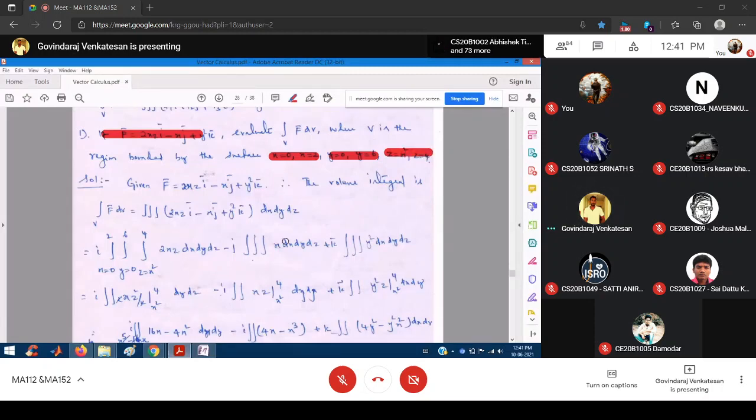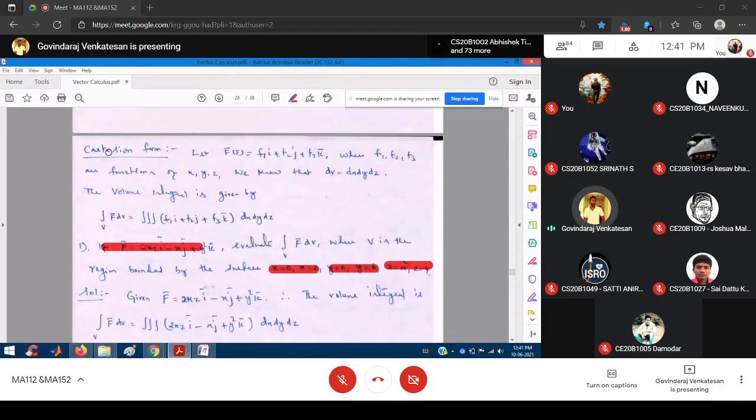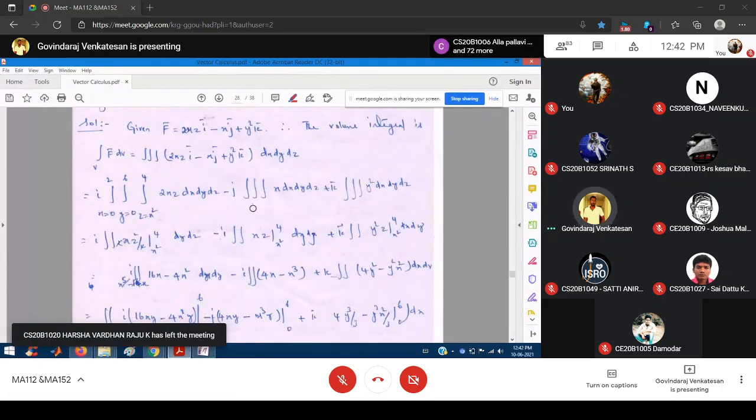Before that, you can see the Cartesian form of the volume integral. It's a triple integral. Integral over V of f into dV is nothing but the triple integral of f1 i vector plus f2 j vector plus f3 k vector into dx dy dz. By using that Cartesian form, you can solve that problem.